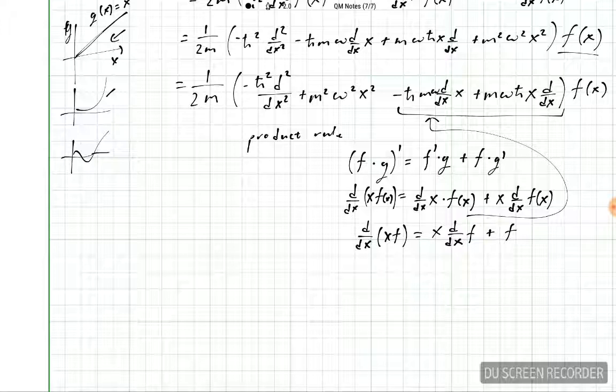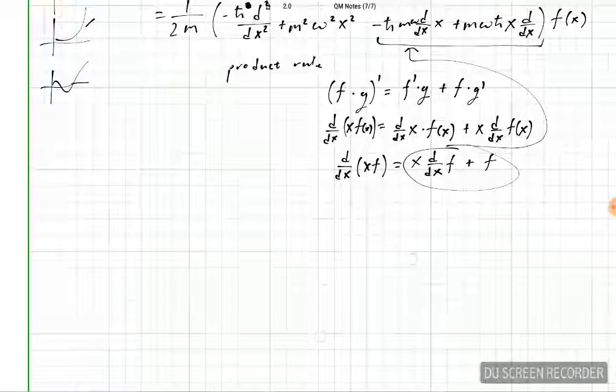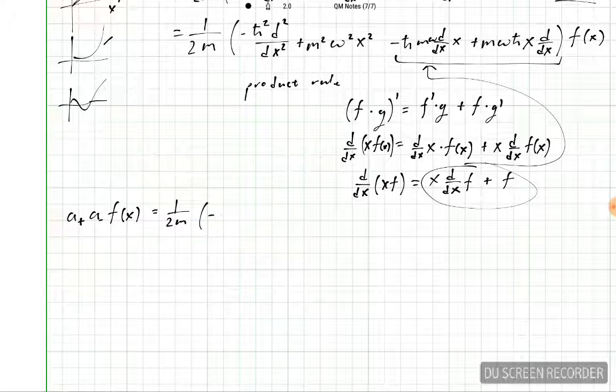I can replace that one with this. And then what I get is a cancellation of those two terms. So I'm going to try to write it out for you. So I have a plus a minus acting on f of x. And then I get 1 over 2m. I get all this junk out in front that I already had.